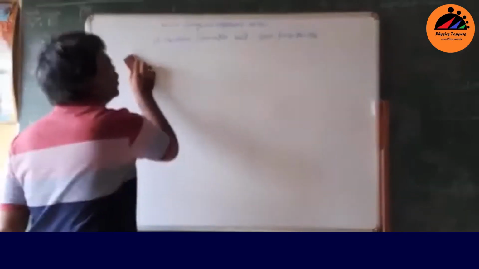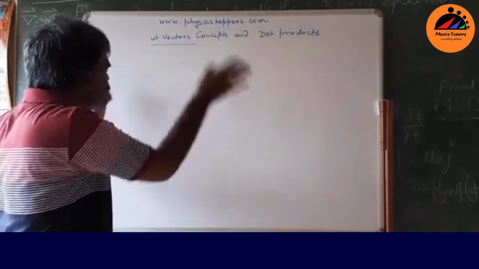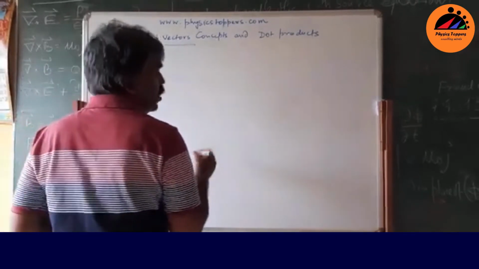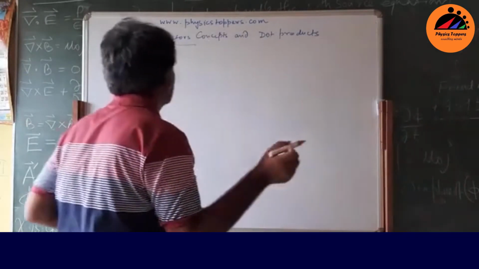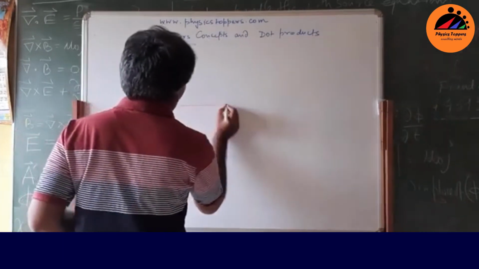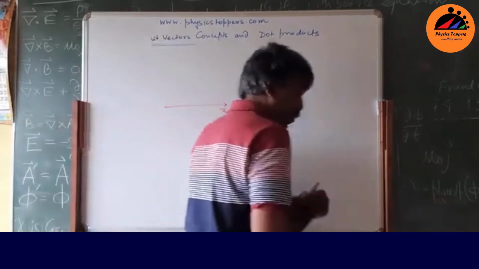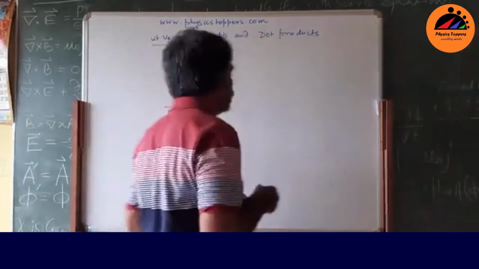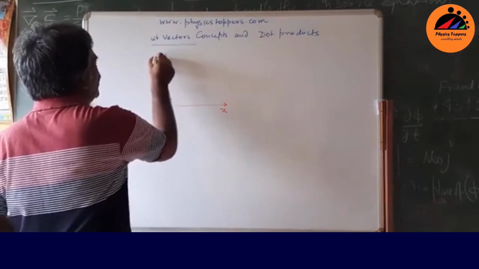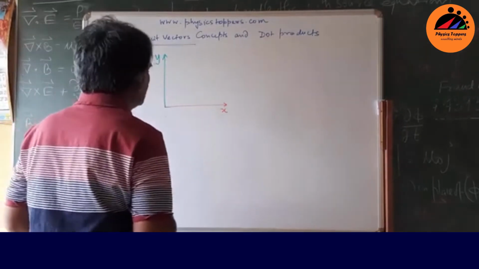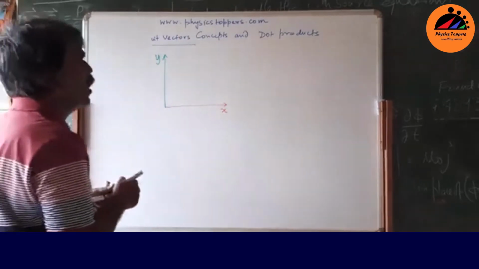Let's coordinatize our space. Now this is a two-dimensional space. Let me use different colors. Suppose this is X. Suppose this green is Y. So this is a two-dimensional space, and this is an XY plane.